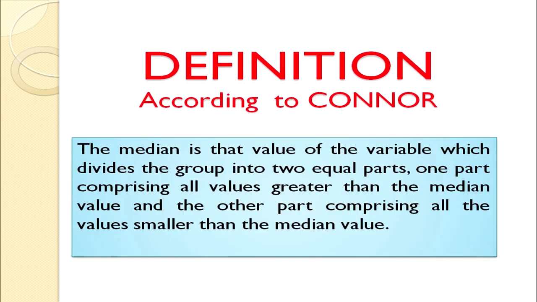According to one of the authors, the median is that value of the variable which divides the group into two equal parts, one part comprising all values greater than the median value and the other part comprising all the values smaller than the median value. So students, we have learned the definition as given by Connor.